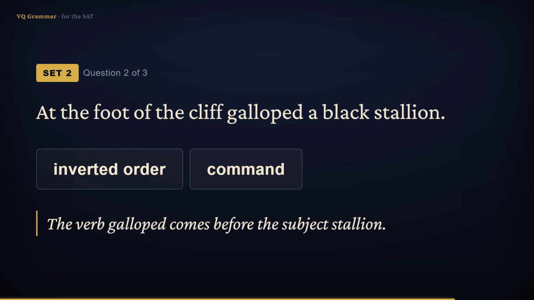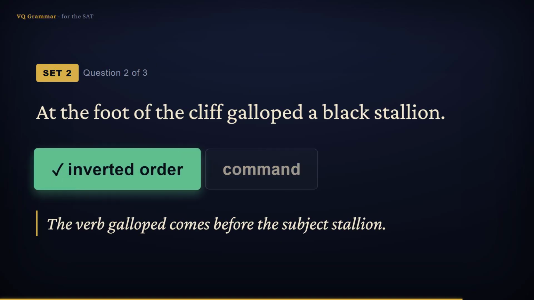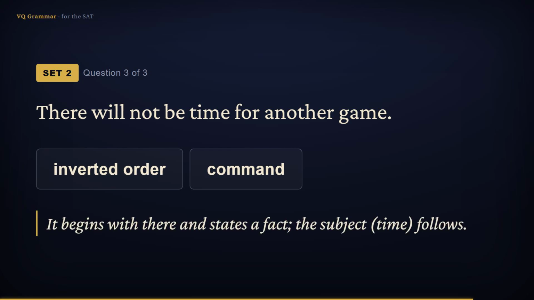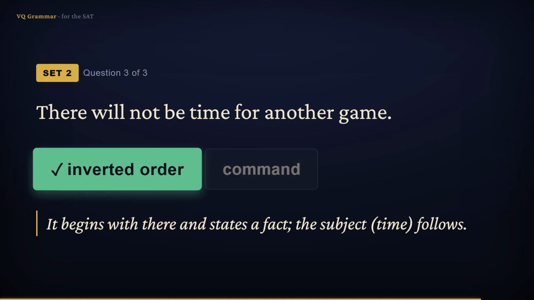The verb galloped comes before its subject, stallion. That's a statement in inverted order, so the answer is inverted order. There will not be time for another game. It begins with there and states a fact, and the subject, time, follows the verb. So the answer is inverted order.